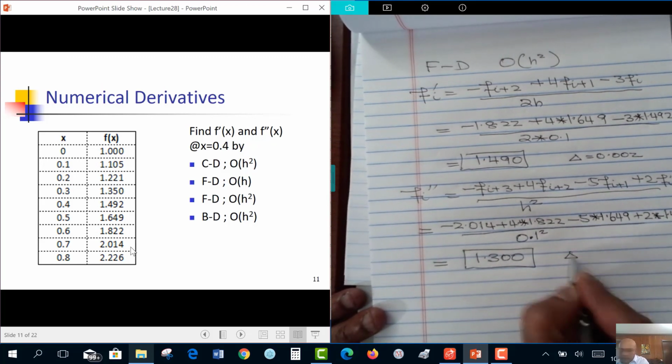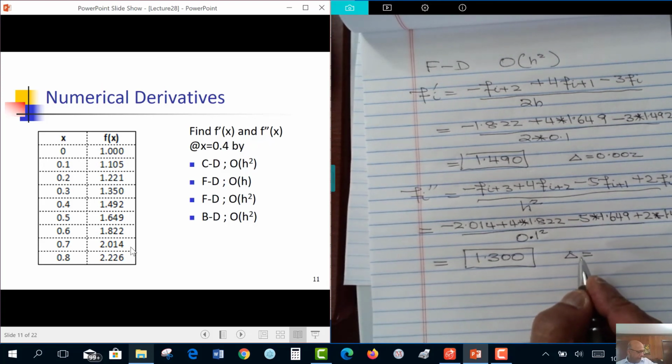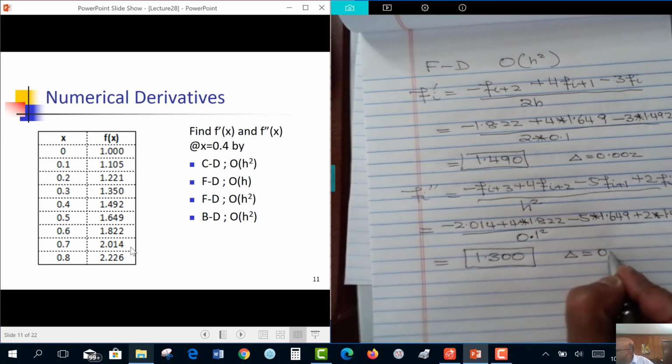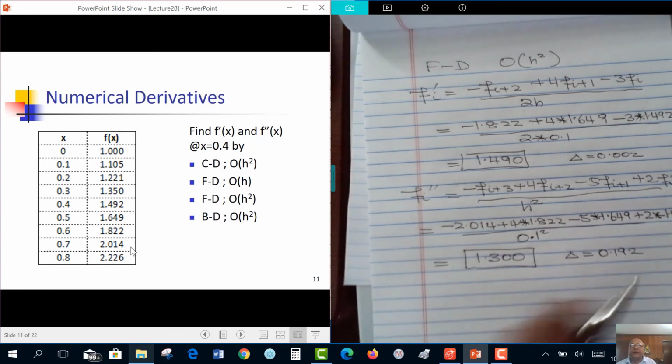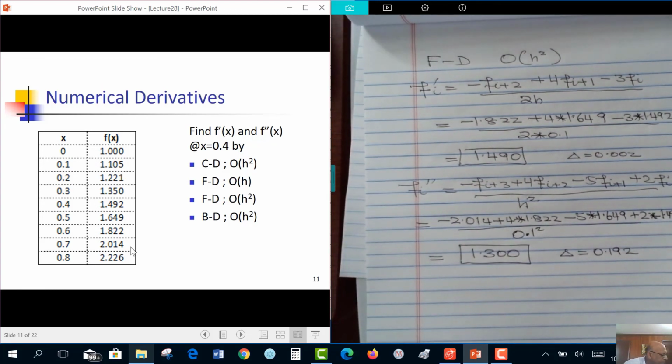So the second derivative is quite far away. It's 0.192 away.